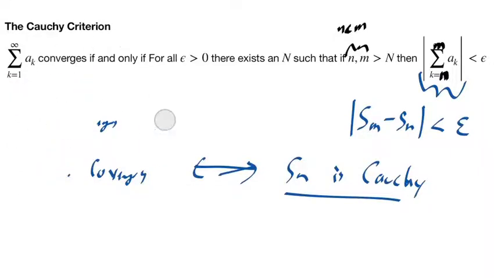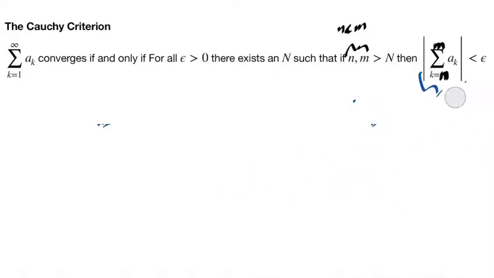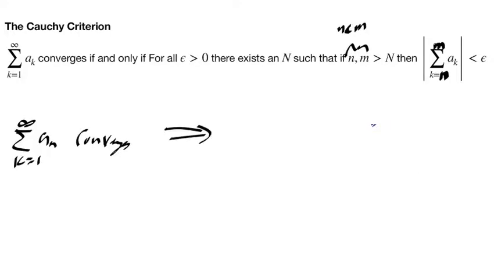Okay, so on top of this, we have a bunch of other theorems that should also hold true. One of those theorems is just the definition of convergence. So the sum as k goes from 1 to infinity of a_k converges.